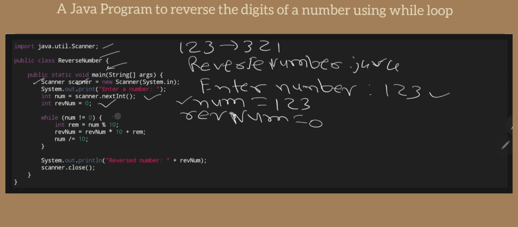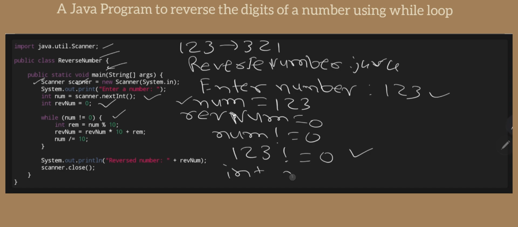Now while loop, num is not equal to 0. Num is not equal to 0 means 1, 2, 3 is not equal to 0. The condition is true, so we go inside the while loop. Here int rem equal to num modulo 10.